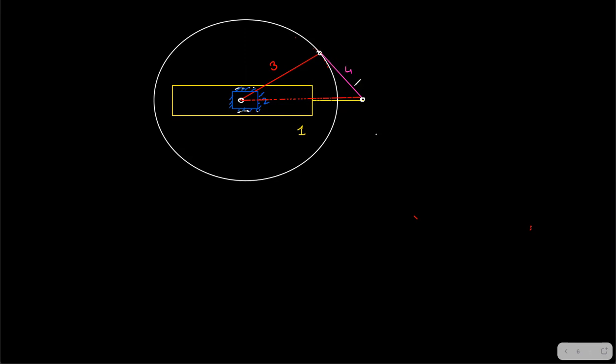Will link 4 compress? No. While it is coming up like this, while it is rotating, what will happen? It will push the pink link upwards, but in a straight line, because the yellow link is not allowed to turn.